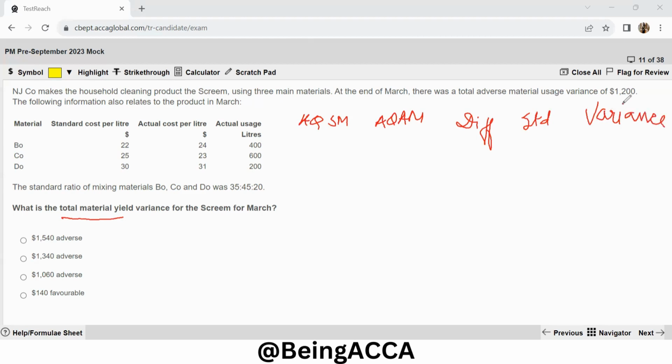So I will just use this for all of these products, and then we'll find out the material yield variance.